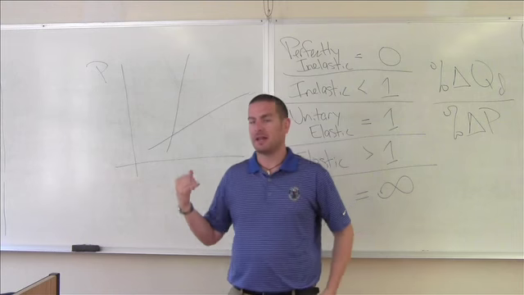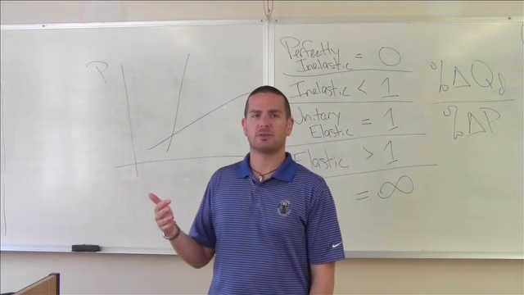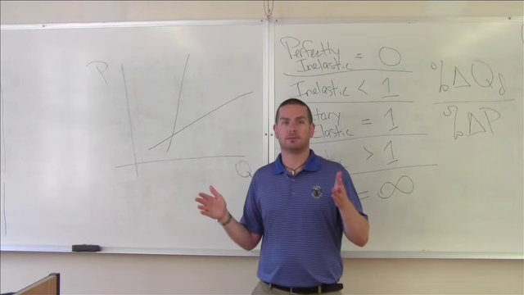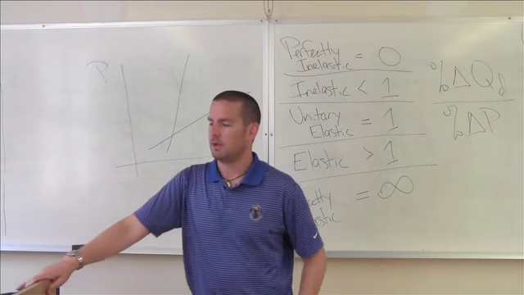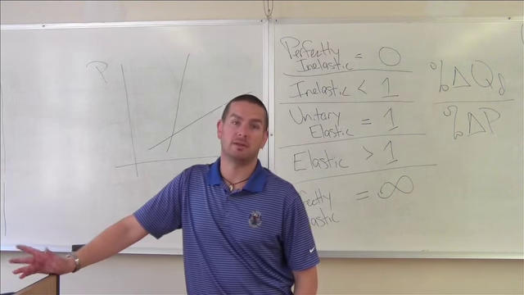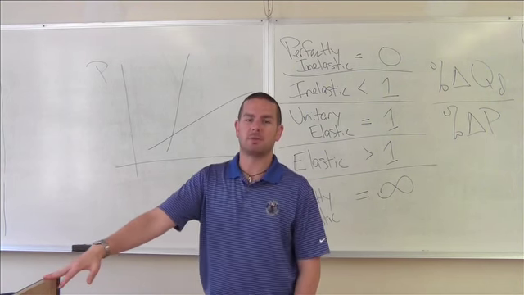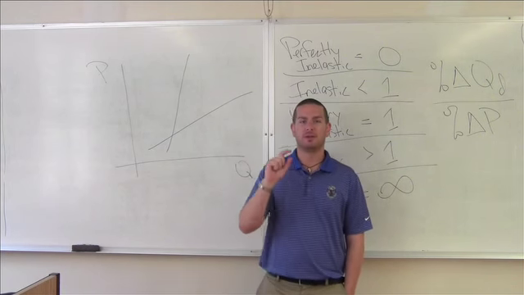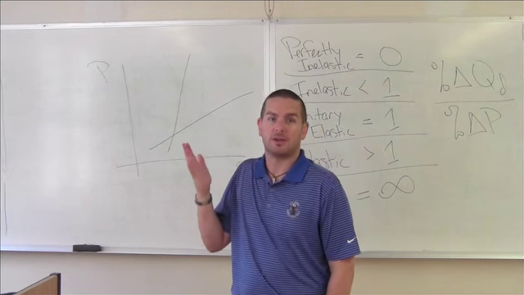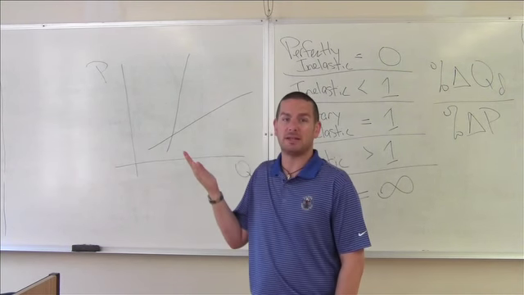On the other hand, restaurant meals: price changes a little bit, you buy a lot more. Or even toothpaste. People see the price of toothpaste go down a little bit, and it turns out they actually buy a lot more. Can't explain why, but that's what we witness.